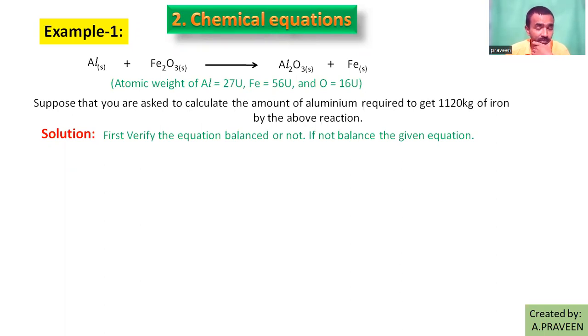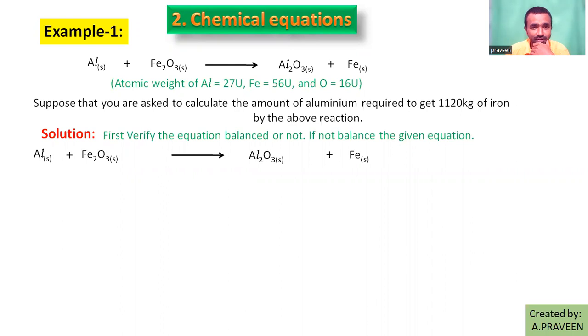Unbalanced. Very good. Can you make it a balanced chemical equation? Two aluminiums. Loudly.